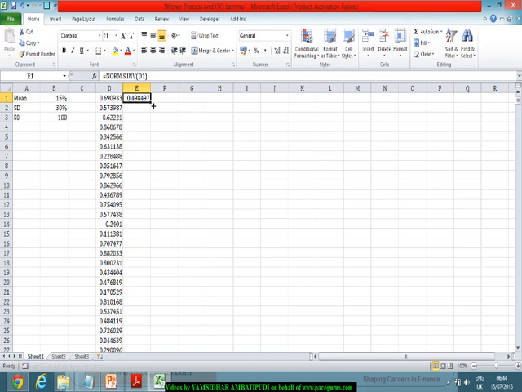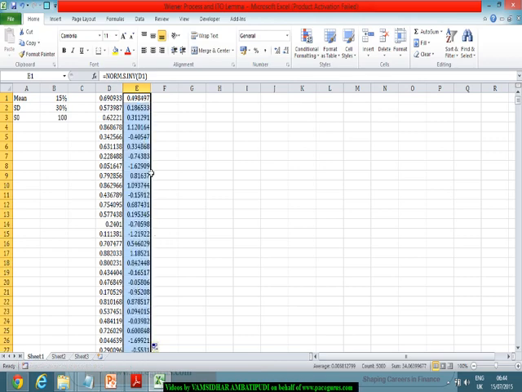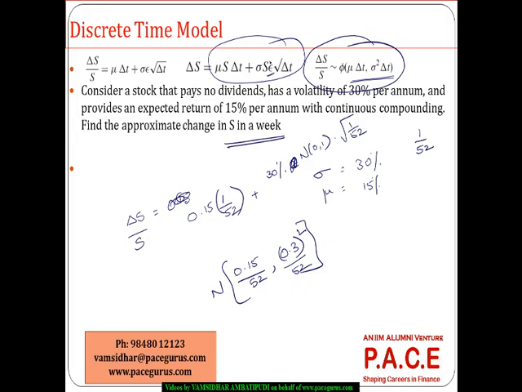Now whatever values are coming are the entries corresponding to a standard normal random variable epsilon.